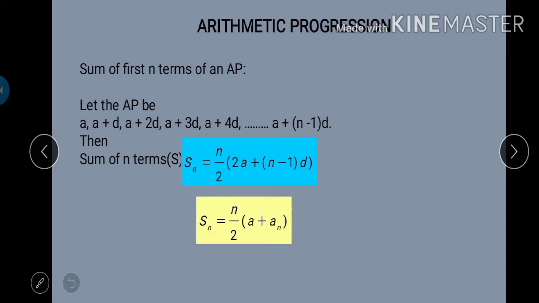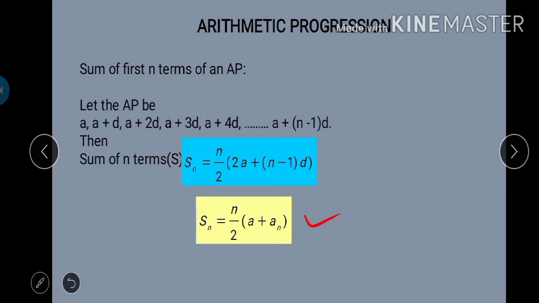The first one is Sn equals n upon 2 into (2a plus (n minus 1)d), where a is the first term, d is the common difference, and n is the number of terms. Similarly, if we have information about the last term, that is, if I want to find the sum of the first 14 terms and I have the first term and the 14th term, I can use this formula as well.